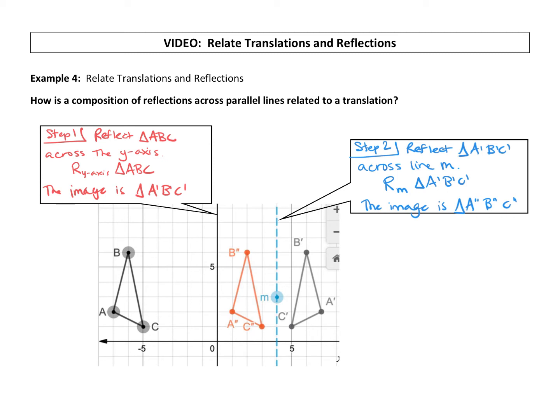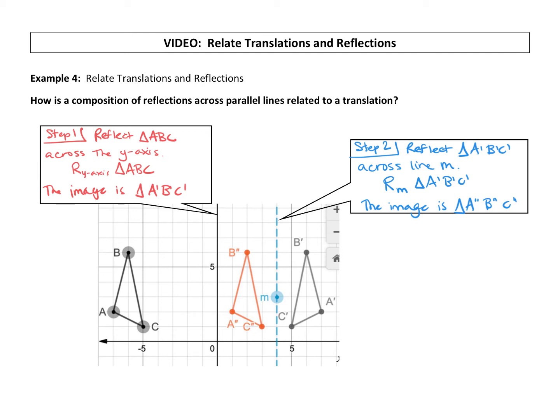So what we want to notice is the relationship. We did a reflection across the y-axis to get here. We reflected across line M to get here. So we just did 2 reflections. The reflection lines are parallel. We've got our y-axis here, and we've got line M, that's a parallel line.